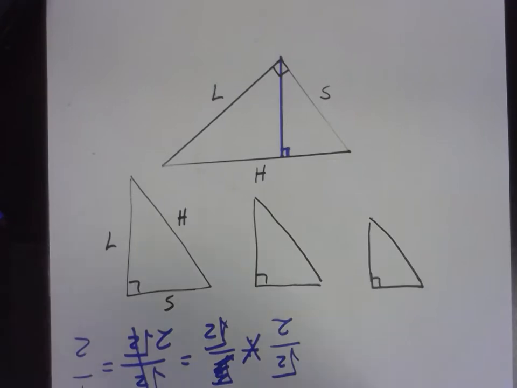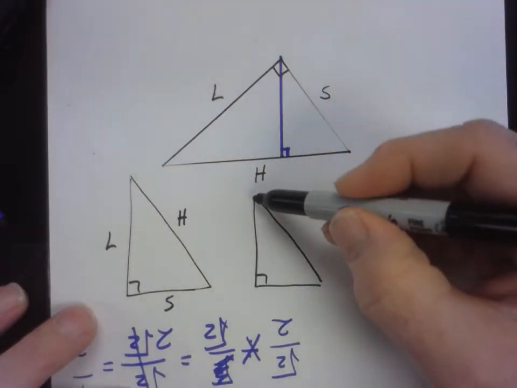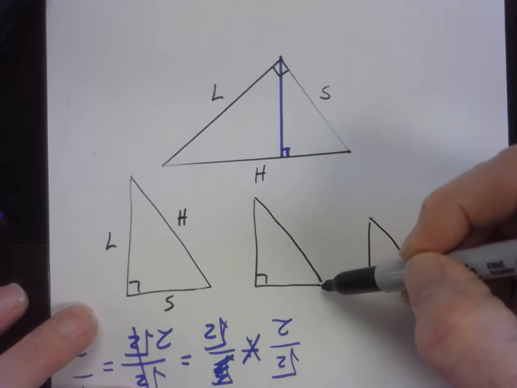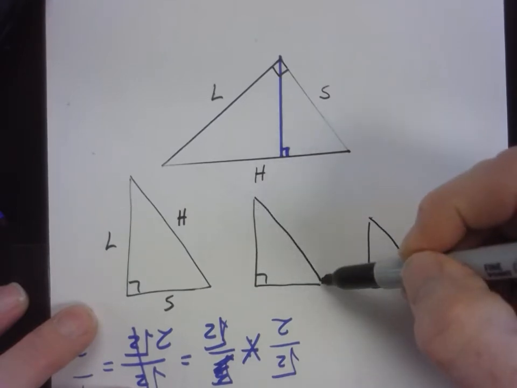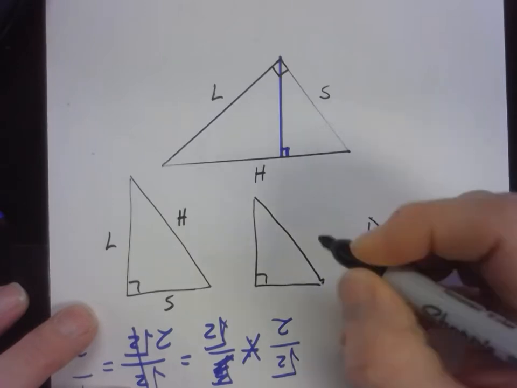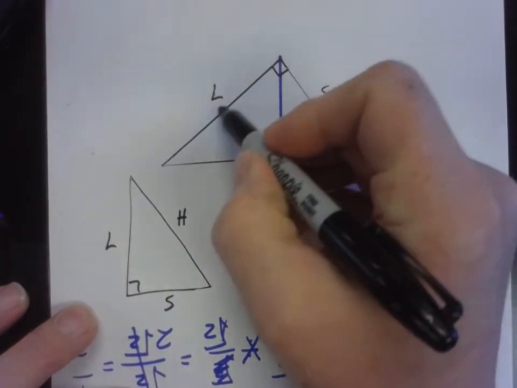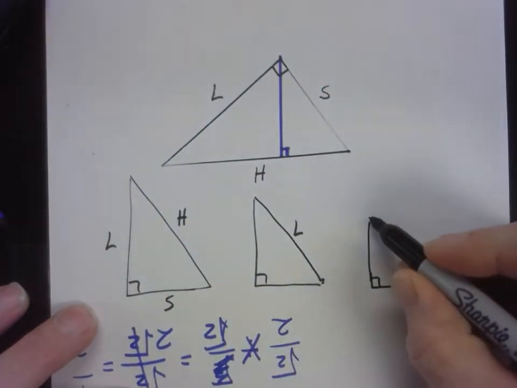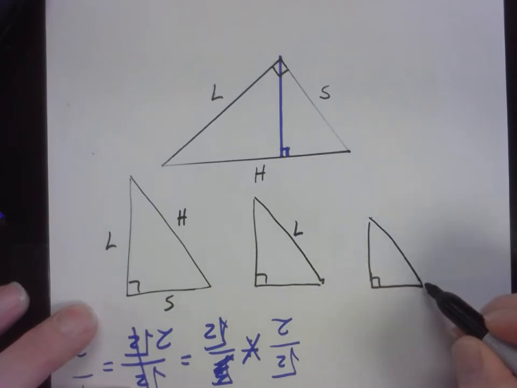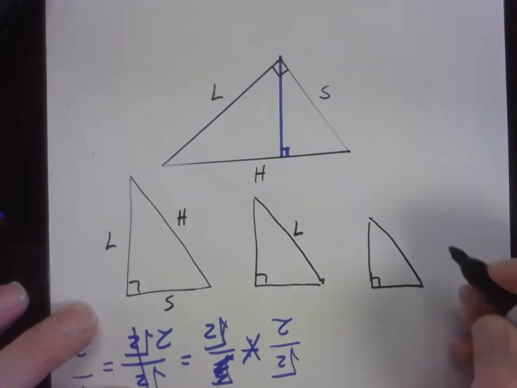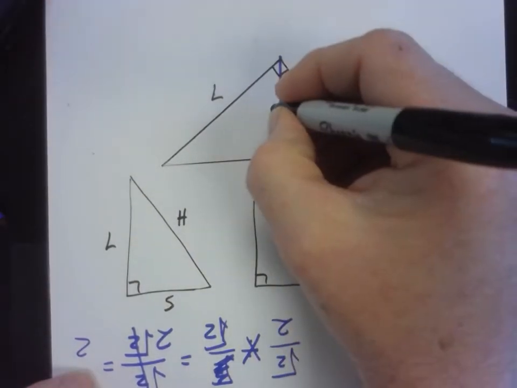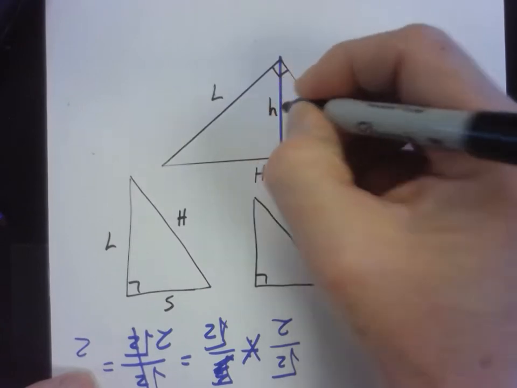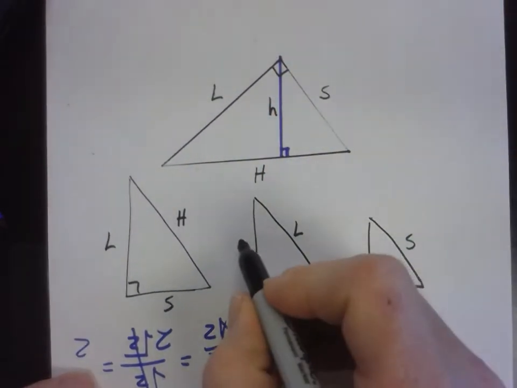Okay, so think about this. The hypotenuse of the medium-sized triangle. It's L. It's this one, isn't it? The hypotenuse of the little triangle. S. Okay, maybe I better call this an altitude. That's this one right here, isn't it?